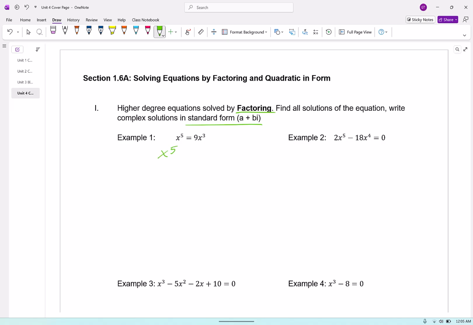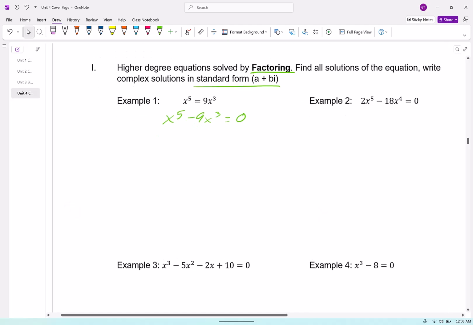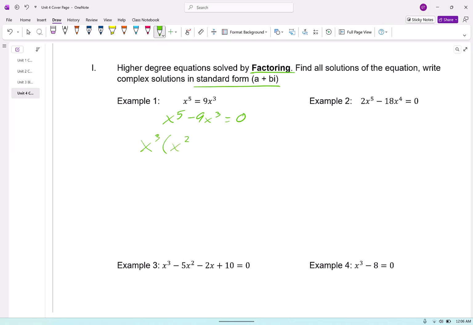So I get x to the 5th minus 9x cubed equals 0. We're going to see if there's a GCF, a greatest common factor, that we could take out. I could pull out x cubed, and what's left over, I got x squared minus 9 equals 0.